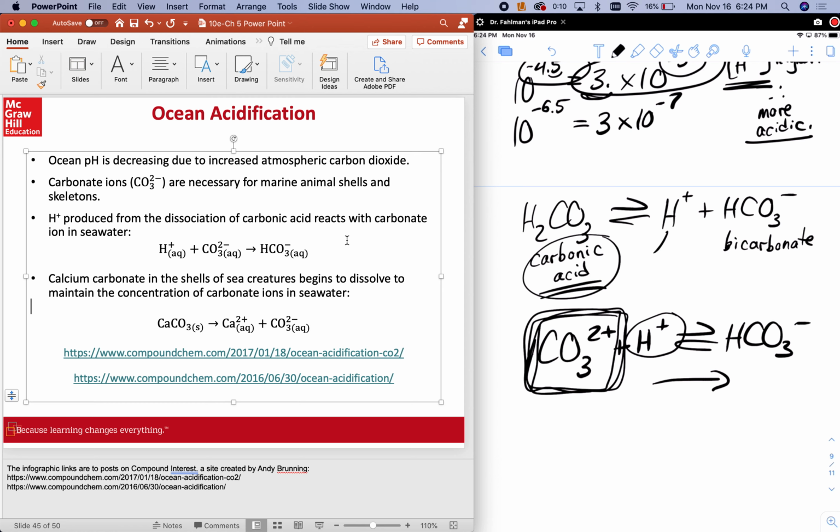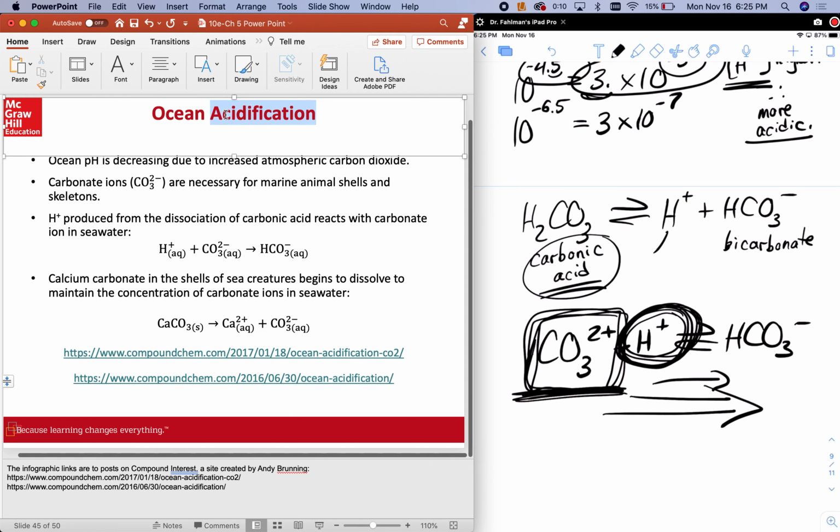But if you put a lot more protons in seawater, now you're forcing this equilibrium to progress left to right. And so now you're starting to remove a lot of carbonates that have formed in shells. And so it's a real problem, with sea creatures now dying because of this ocean water becoming more acidified.